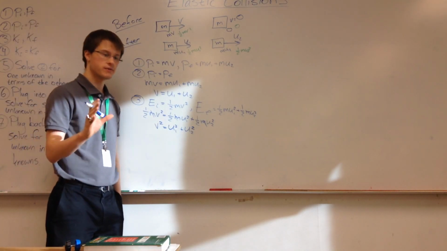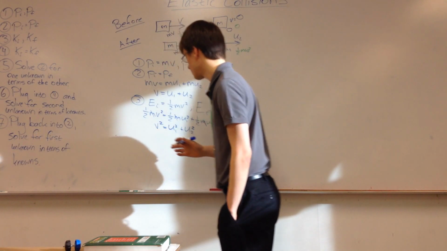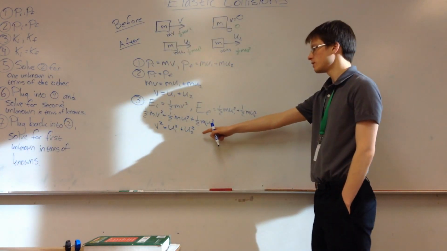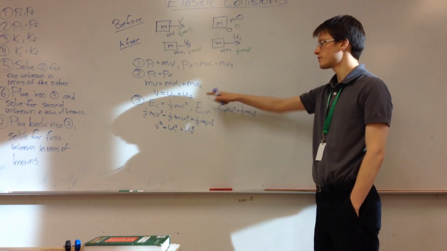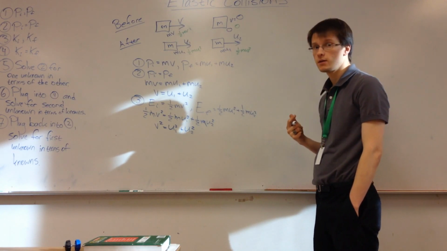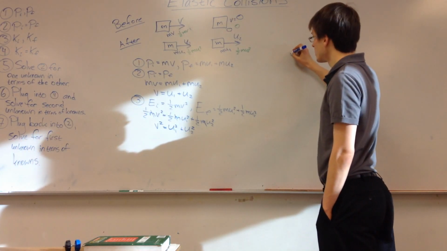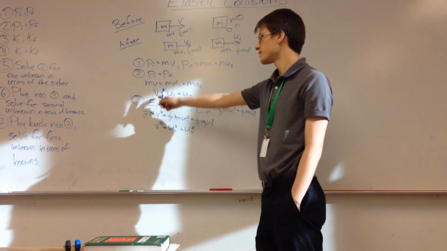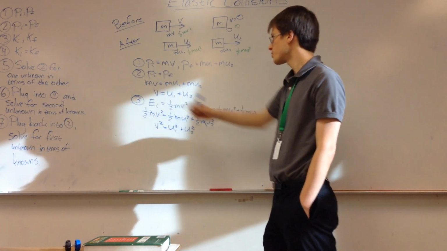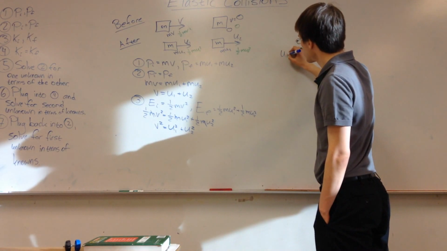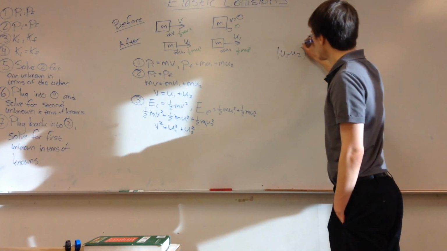Now don't be deceived here. This equation may look as though it's the square of this equation, but it's not. Brief review here: if you want to FOIL two terms and square both sides of this, v squared is just v squared. You square this, we have u1 plus u2, and we square it.